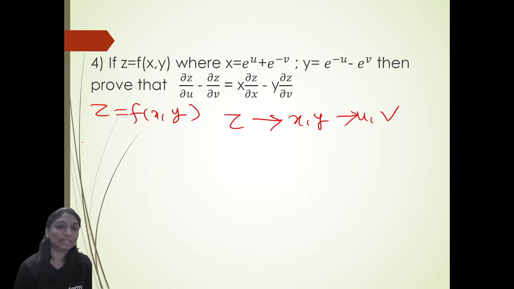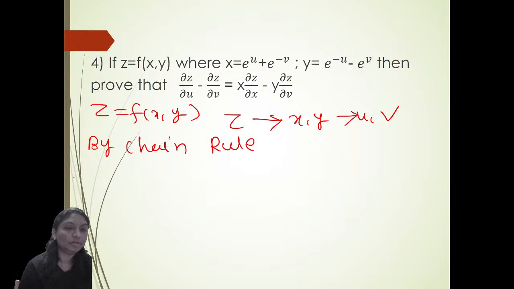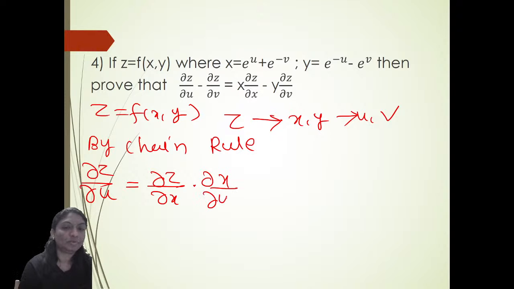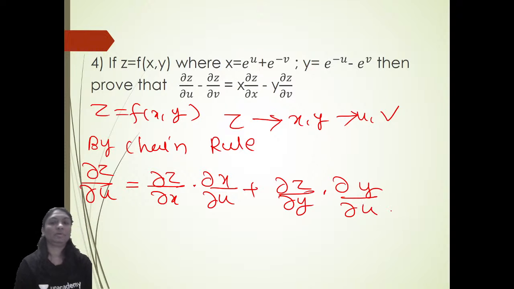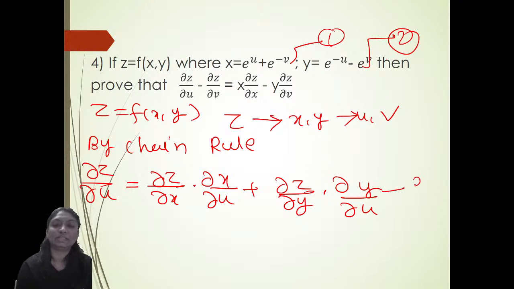So you will get here ∂z/∂u, by chain rule of partial derivative, is equal to ∂z/∂x into ∂x/∂u plus ∂z/∂y into ∂y/∂u, right? This is your equation number 1, this is your equation number 2, call this as equation number 3.